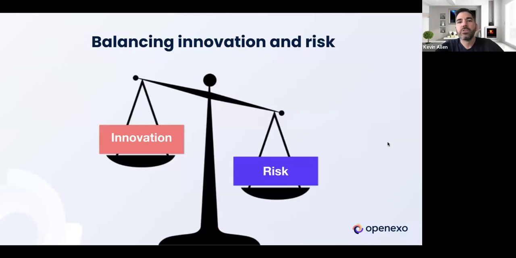And so ultimately, this is really important in terms of this masterclass, because within a business, you are always going to have to balance this innovation and risk, right? You can't, as an organization, put all your bets on one new technology.